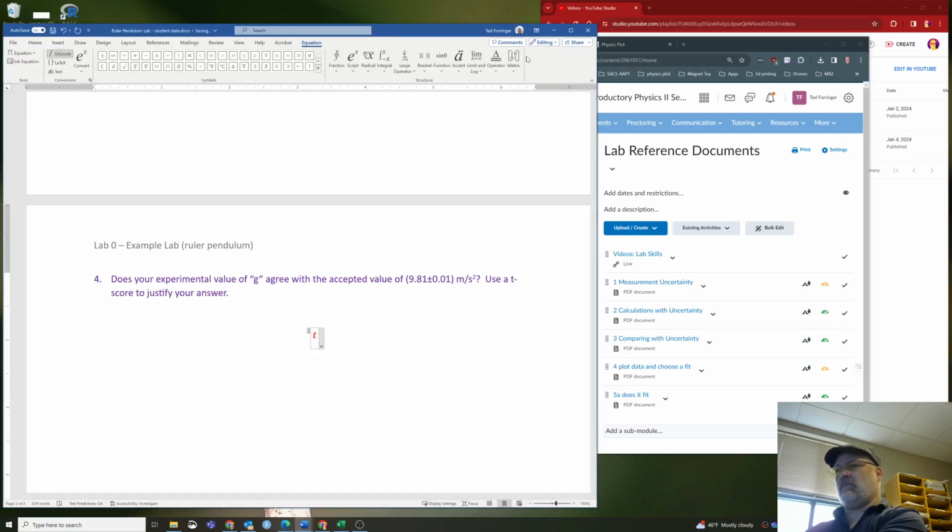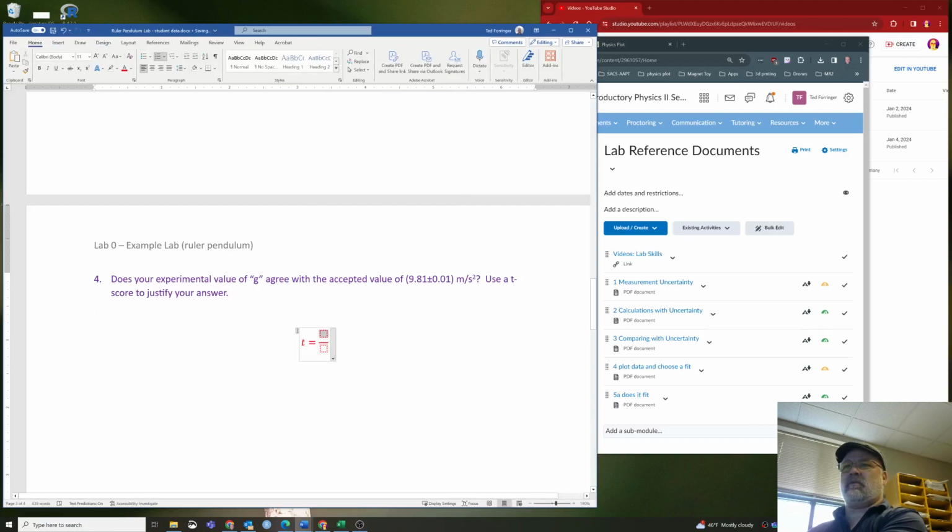And the t-score is equal to the absolute value of G measured minus G expected, divided by the uncertainty in the first G plus the uncertainty in the second one.